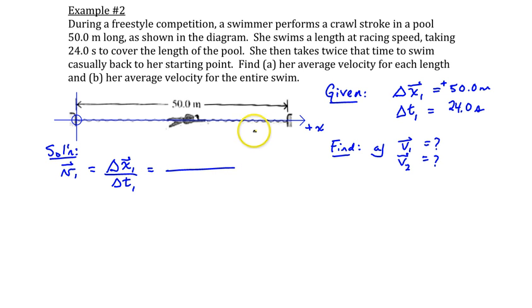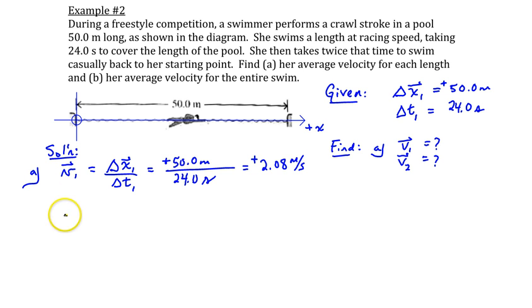She's moved a total displacement of 50 meters along the positive x-axis, so I'll put a plus sign here, and the time interval was 24 seconds. This will give us a velocity of 2.08 meters per second, and this is positive in the forward direction.